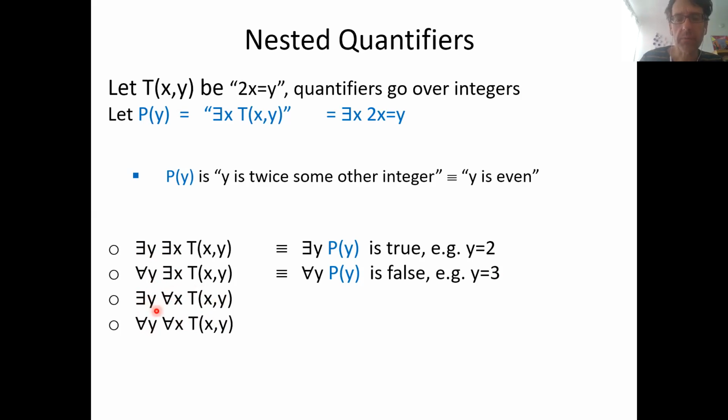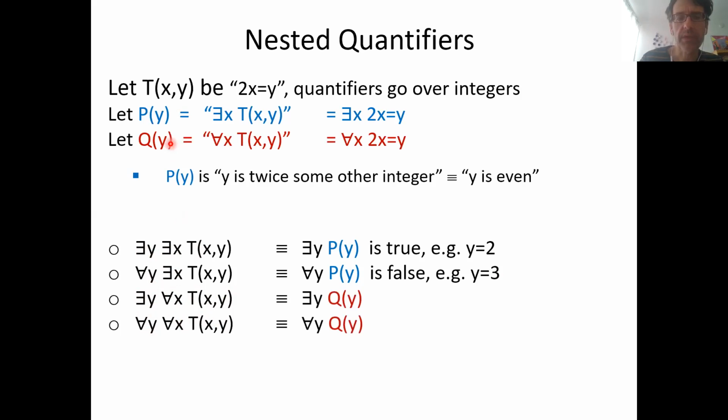What do I have in common? This thing: for all x, g of x y. Let's define a predicate on y that says for all x, g of x y. What does this say? What is g of x y? That's y is 2x. So it says: for all x, y is 2x.